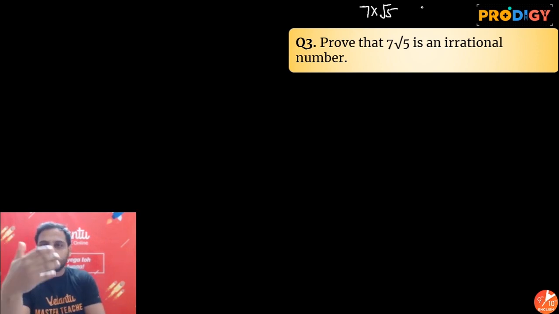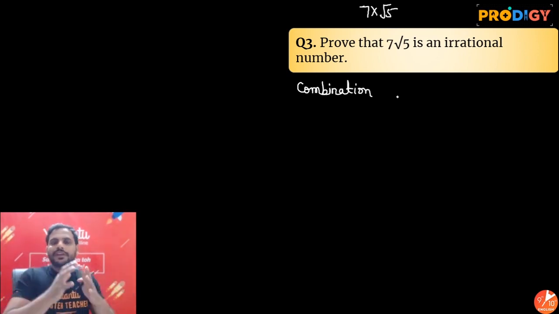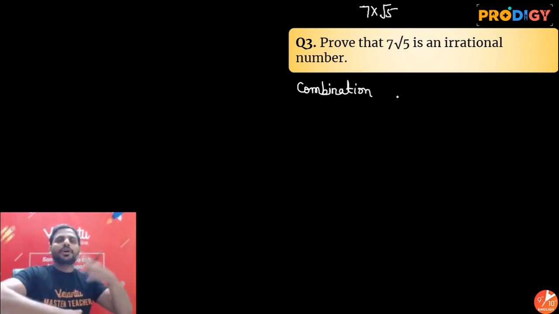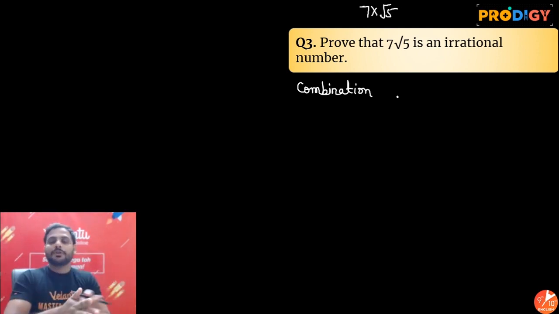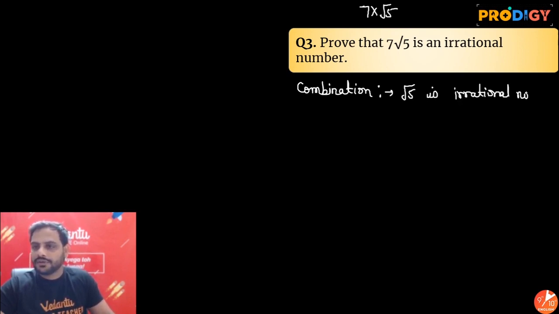Whenever a combination is given, a rational with an irrational, or two irrationals joined with some operation, remember that the irrational part, this root 5, we already know is an irrational number.